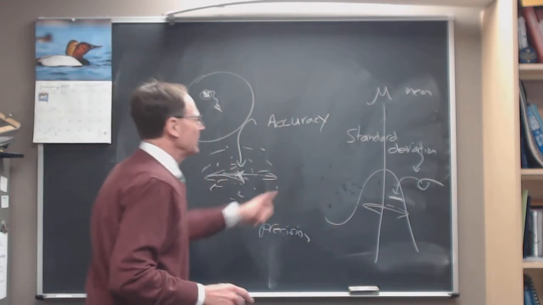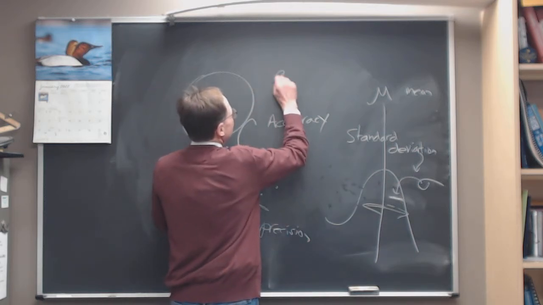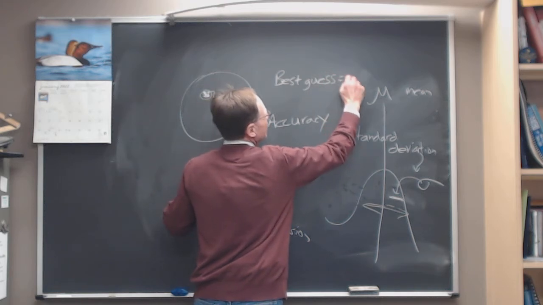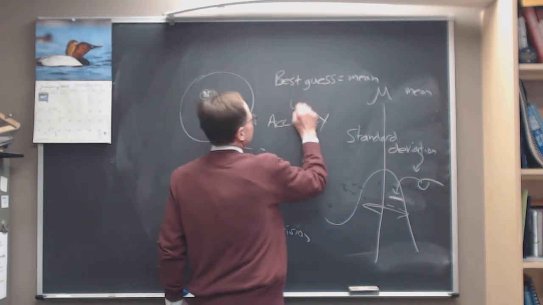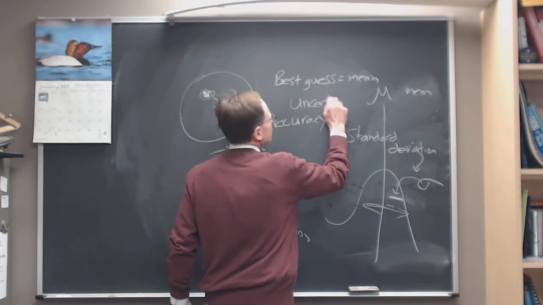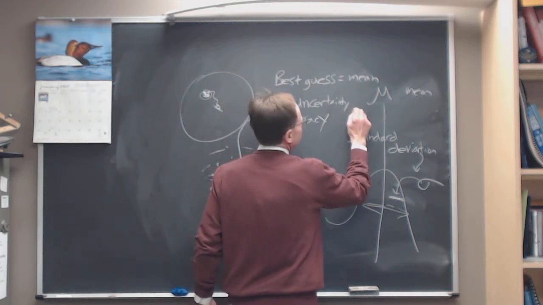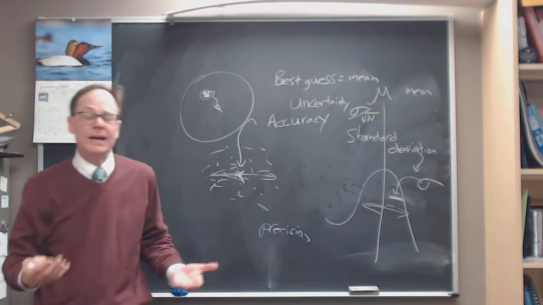Right now, all we're going to do is take the mean and the standard deviation and say our best guess is equal to the mean, and our uncertainty is equal to the standard deviation divided by the square root of the number of trials, or what we would call the standard error.